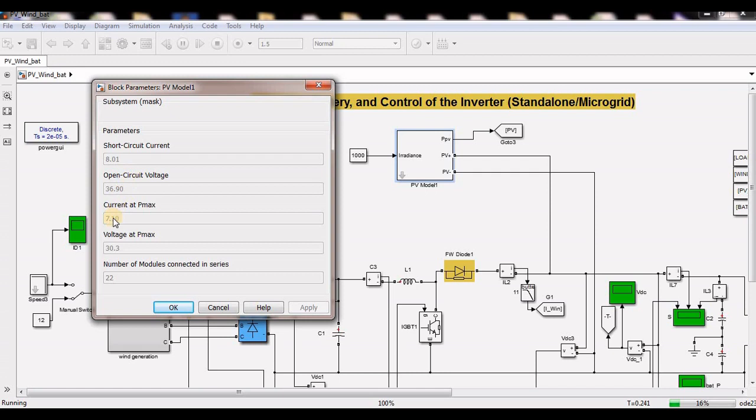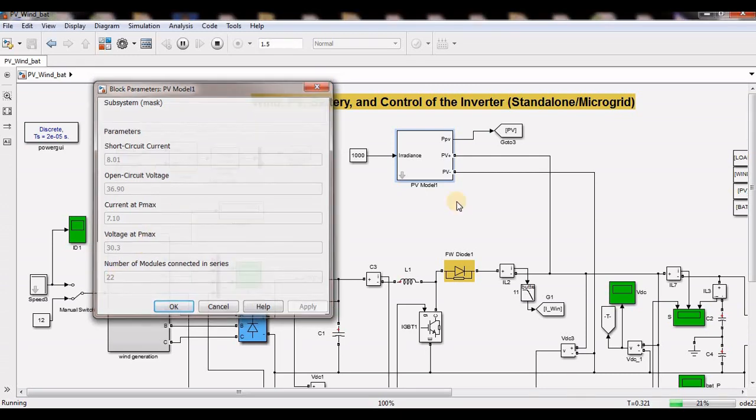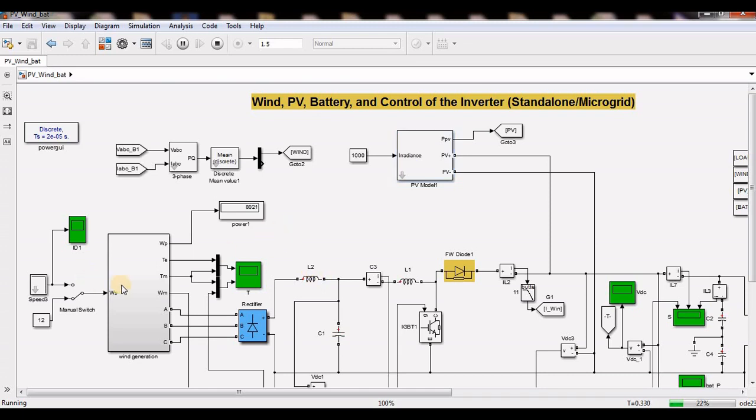Each module power is 7.10 into 30.3, I mean nearly 215 watts. Each PV module is 215 watts, and with 22 connected, nearly 4.73 kilowatt is my PV capacity, and wind capacity is nearly 6.5 kilowatt.